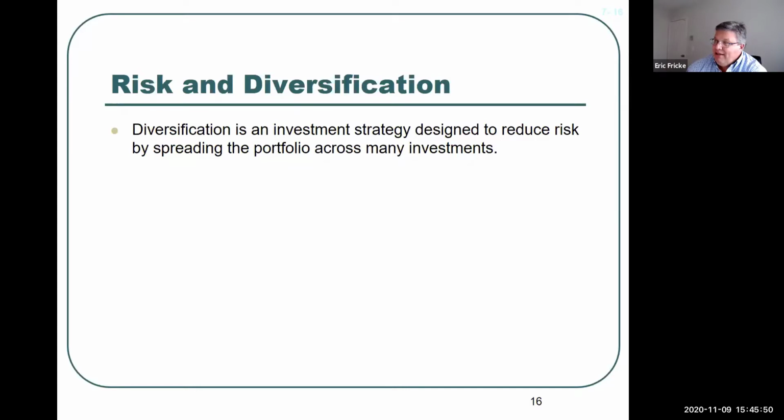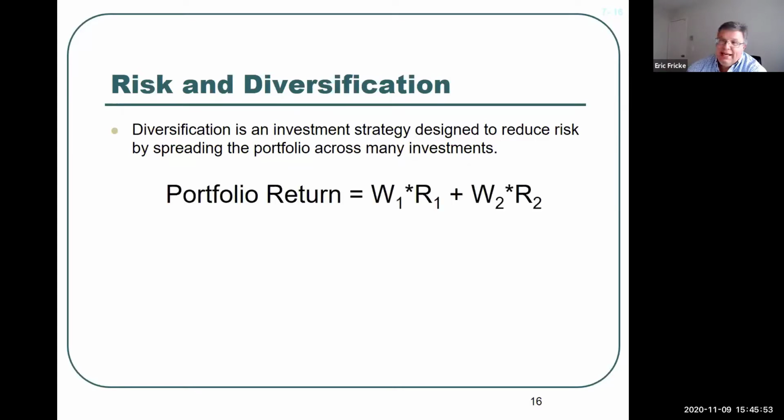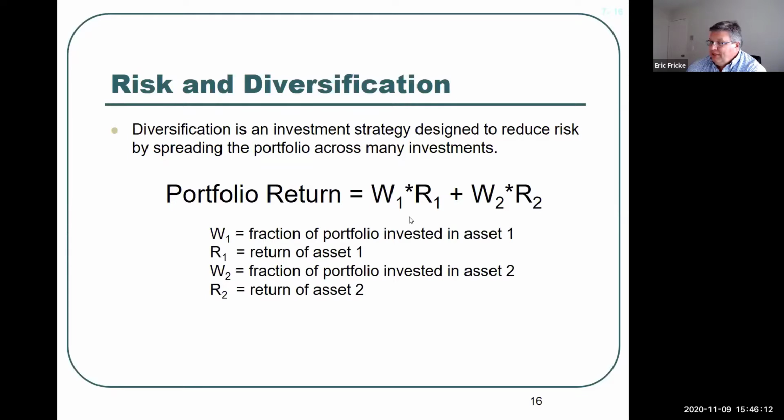And so as part of this, we want to introduce a way to calculate returns for a portfolio of different stocks. We call this the portfolio return equation. It's basically a weighted average of returns of each individual stock. In this equation, W1 stands for the fraction or percent of your portfolio in dollars invested in asset one or stock one.